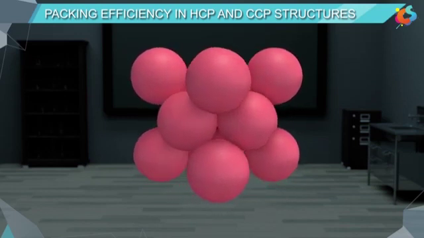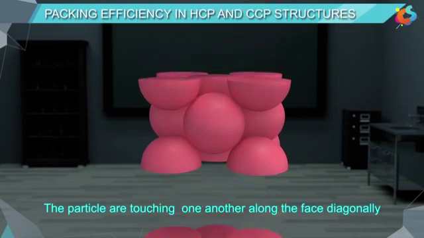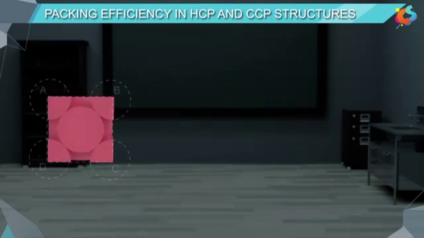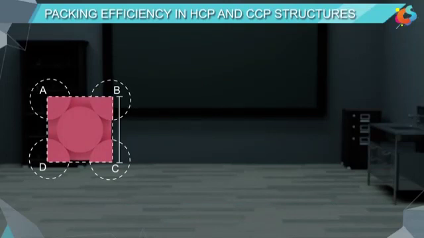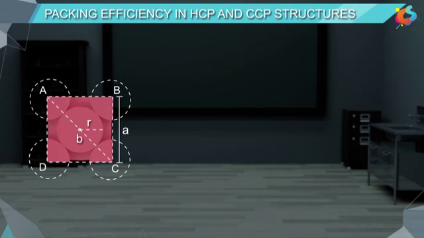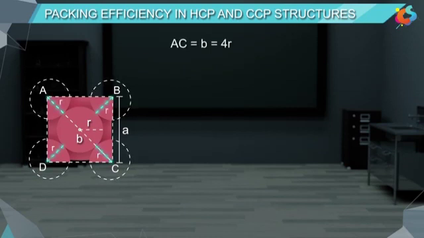In this type of arrangement, the particles are touching one another along the face diagonally. Let the edge length of the unit cell be a, the radius of each sphere be r and the face diagonal be b. AC is equal to b, which is equal to 4r.